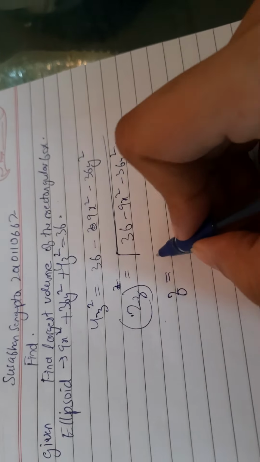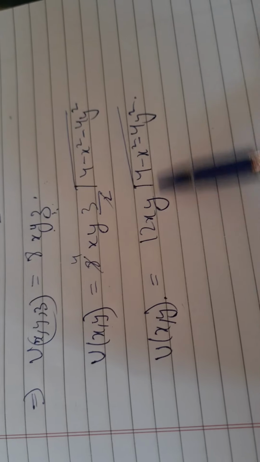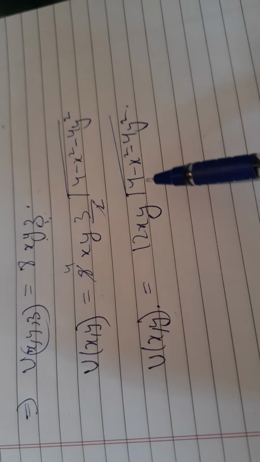This will cut 4 and come out with 2xy under root of 4 minus x square minus 4y square. So now this will be our function f of volume V with variables x and y. As we have eliminated z, this will be the equation of volume.